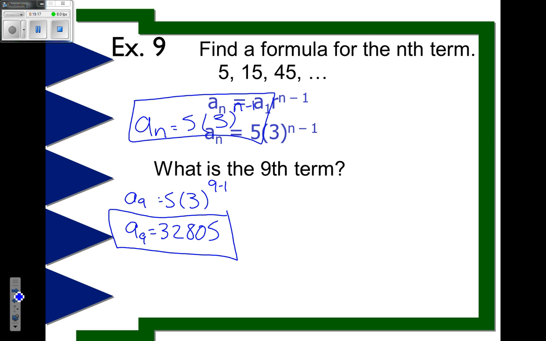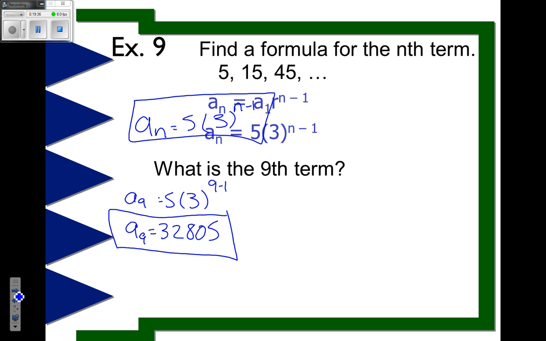Does anyone have any questions? Do I need to explain this a little bit more? How do you go from a flip?